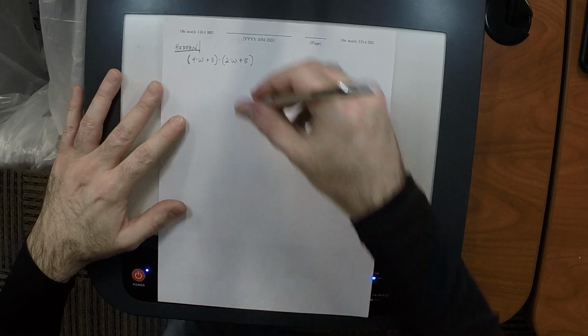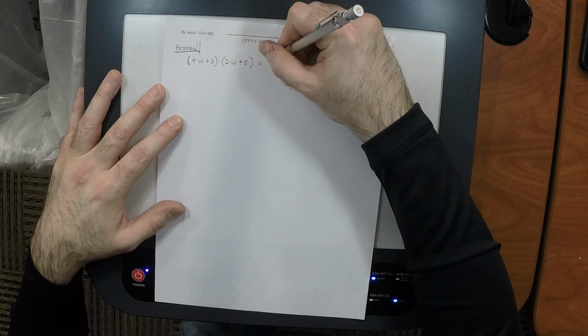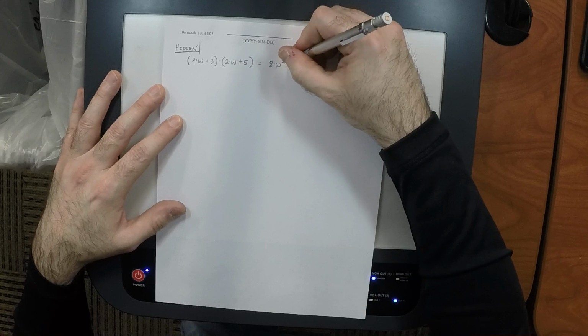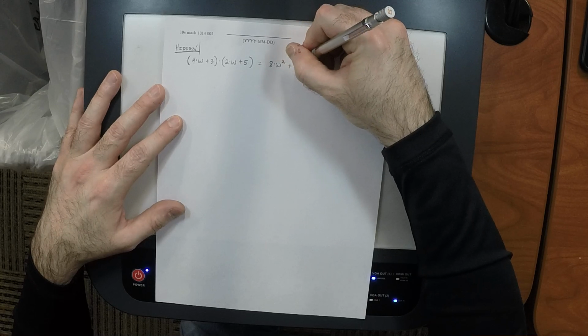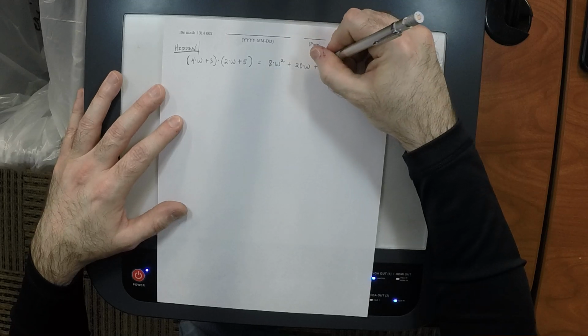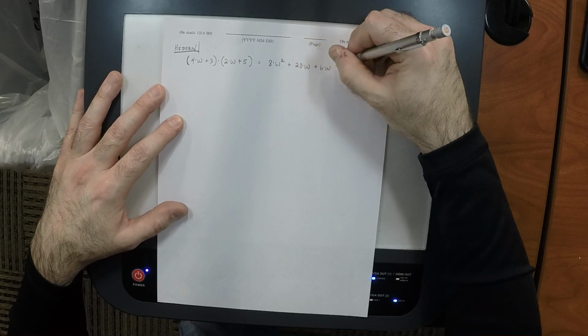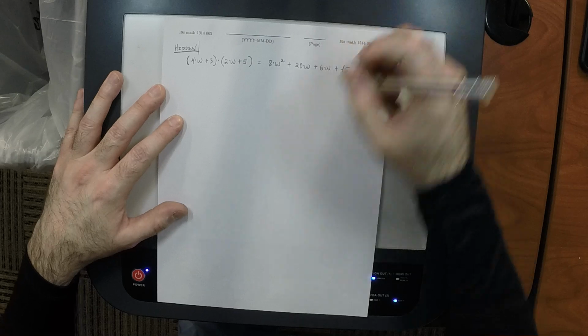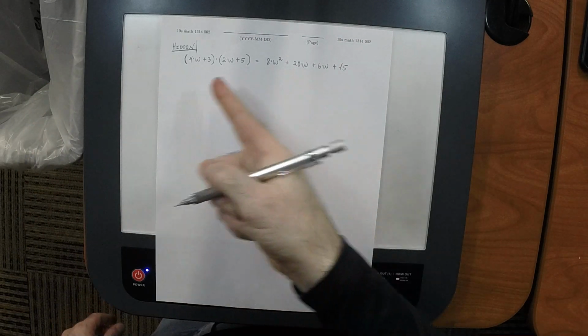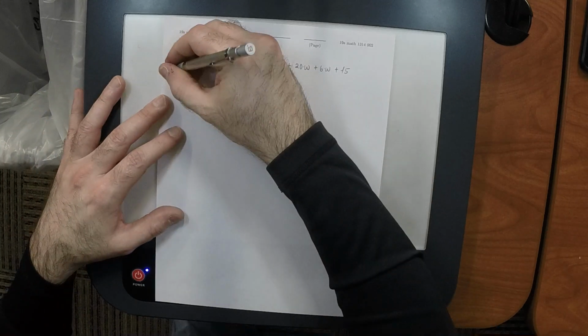Now I'm going to multiply it out and collect like terms. So that'd be 8w squared plus 20w plus 6w plus 15. Okay, and under normal circumstances, you wouldn't see this part up here.